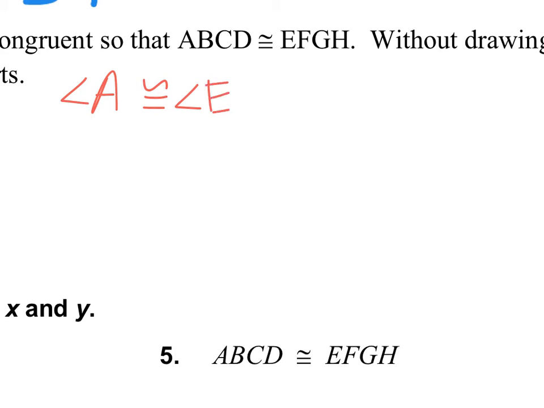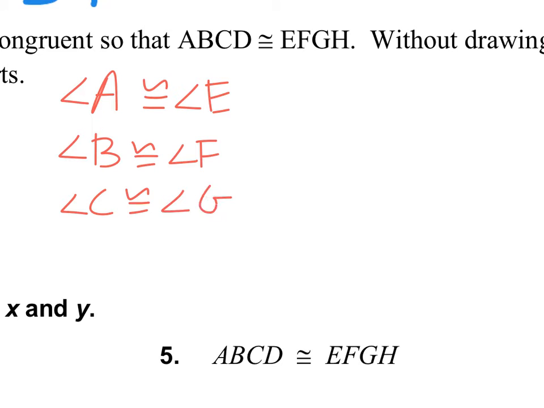Angle E. Yeah. Because it was A, B, C, D, E, F, G, H. What do you think B is going to be congruent to? F, the second one. And so on. C to G, and D to the last one, H. Whatever order it's in, those are the angles that are congruent. It gives you what you need to know.